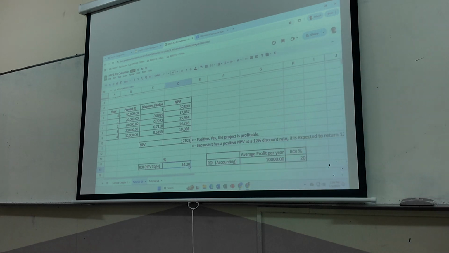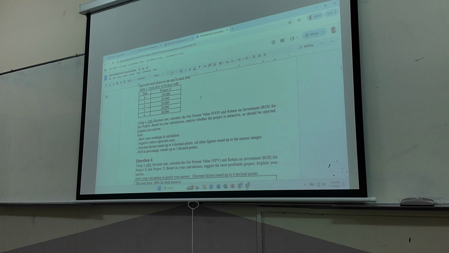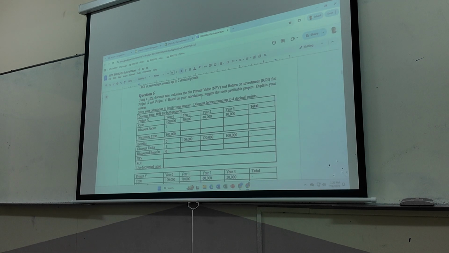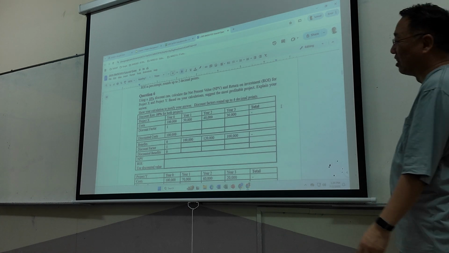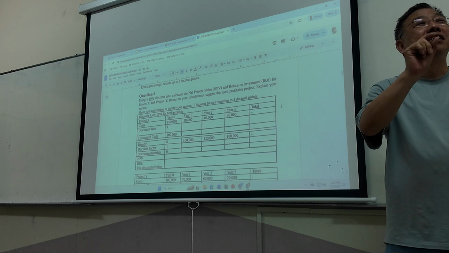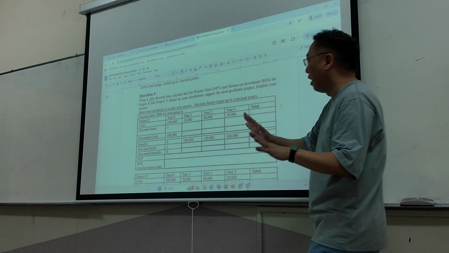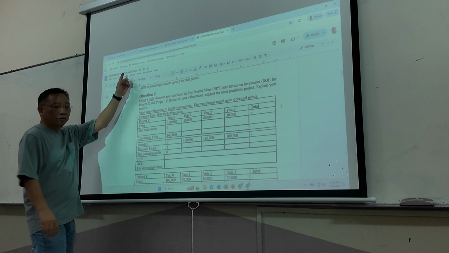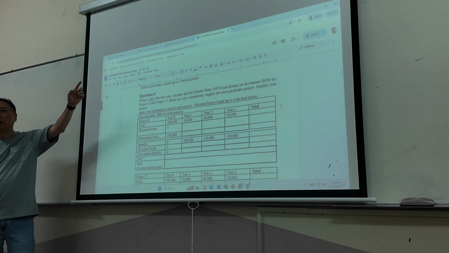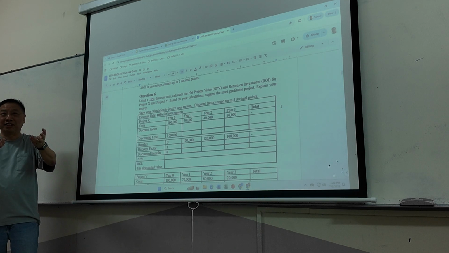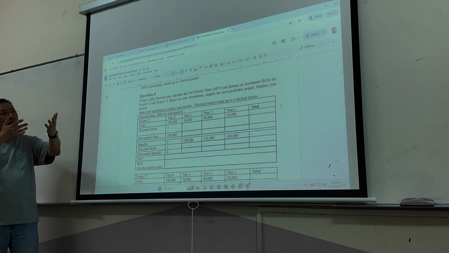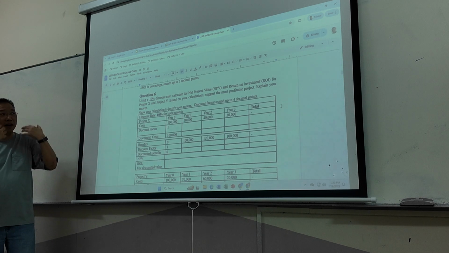This side of the room, okay? Can understand this concept? Okay, so now I want to give you a challenge. Try to do question 6. I suggest, if you can, open your spreadsheet and try to put it in. Okay, this one is slightly tricky, okay? You know why? I'll tell you why. Just now, they use cash flow, right? Money I get in versus money I spend, right? So $50,000 is the money I spend, the 20, 20, 20, 30 is the money comes in, right?